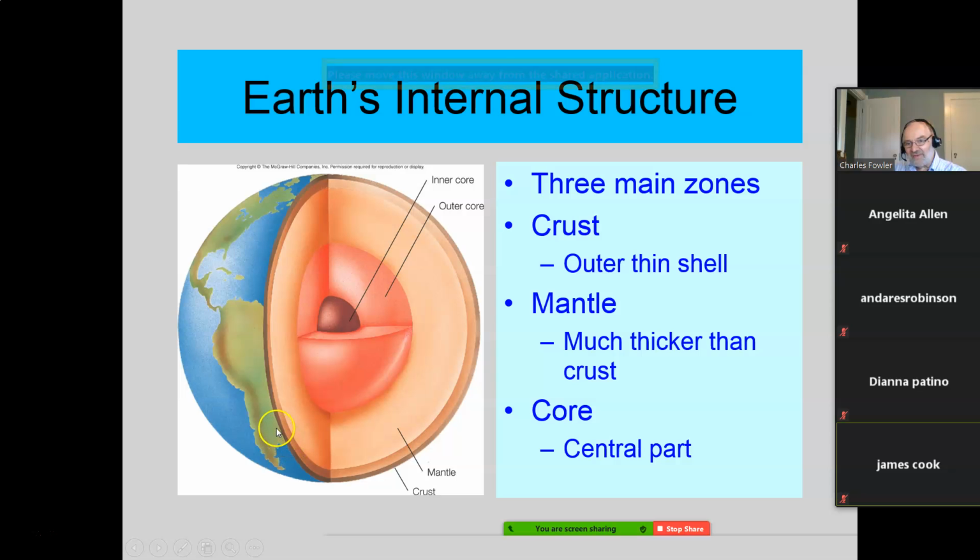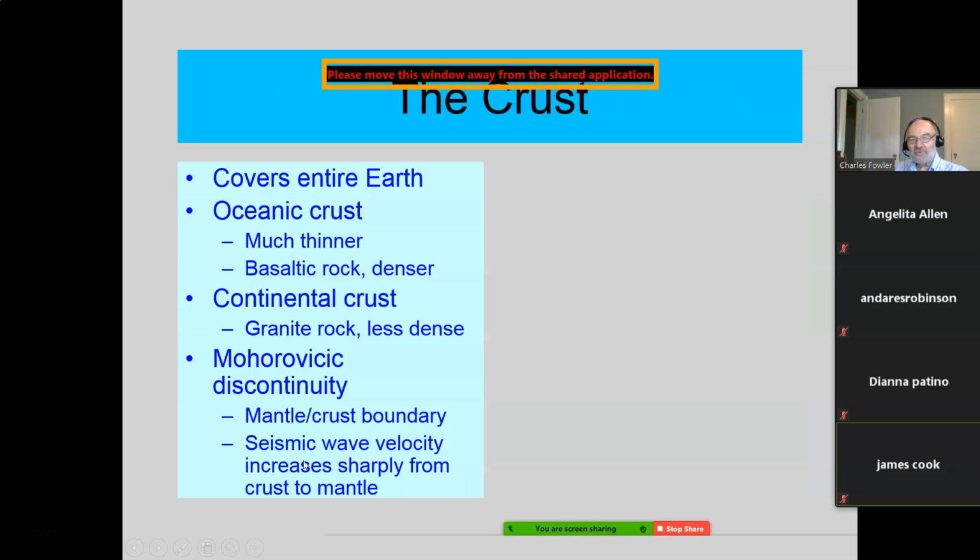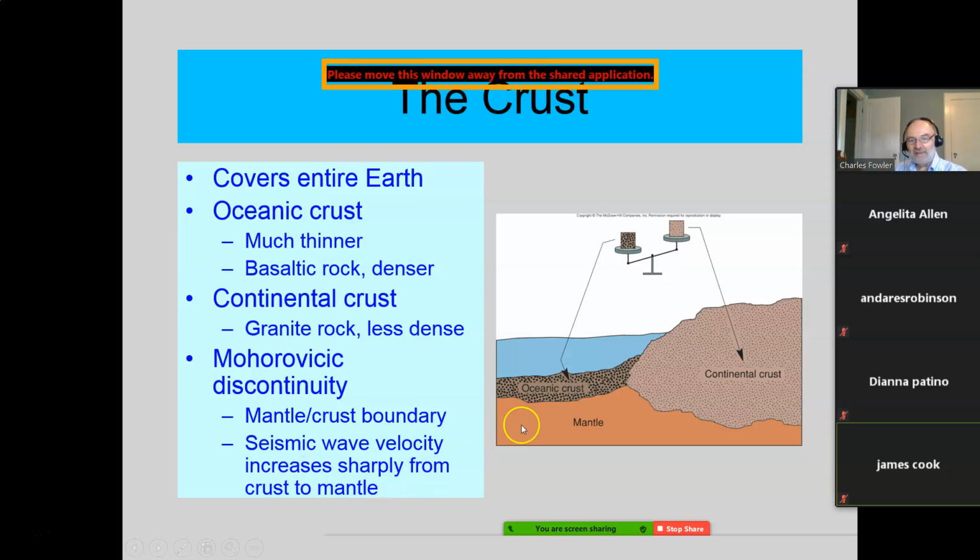This should be quite thick right here, because that's under a continent. But they don't show it that way. And it's not nice and smooth. It's a lot closer to what this is. Really ragged and jagged, broken and uneven. But the boundary there is the Mohorovičić discontinuity.